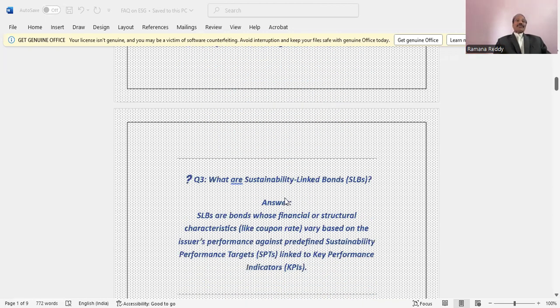The next question: what are sustainability linked bonds, SLBs? SLBs are bonds whose financial or structural characteristics, like a coupon rate, vary based on the issuer's performance against predefined sustainability performance targets, SPTs. SPTs are linked to key performance indicators, KPIs. So the targets are already prefixed and linked to KPIs.